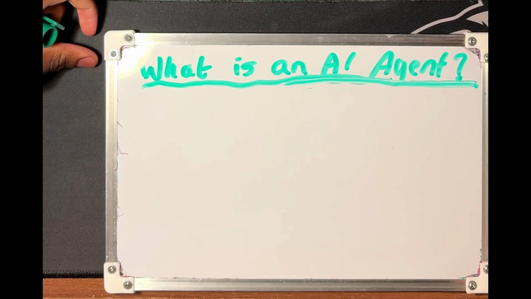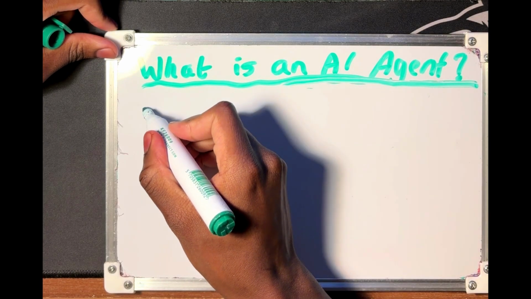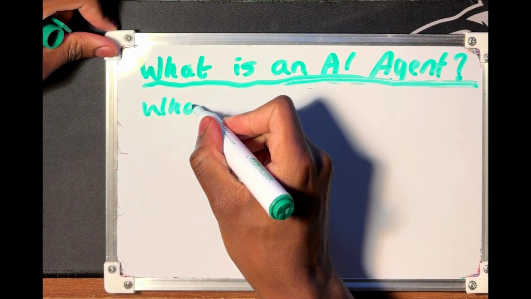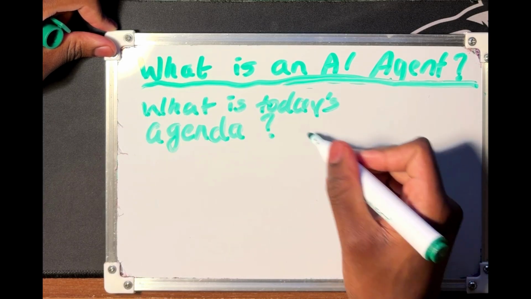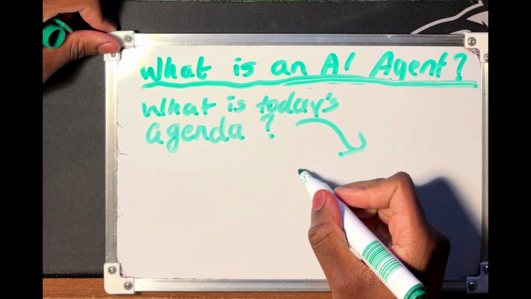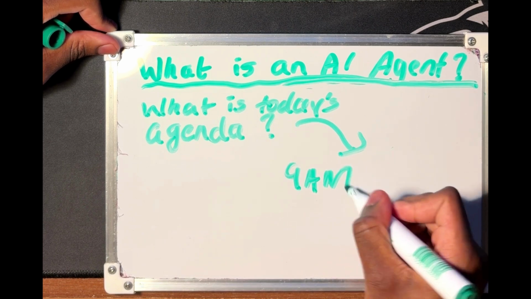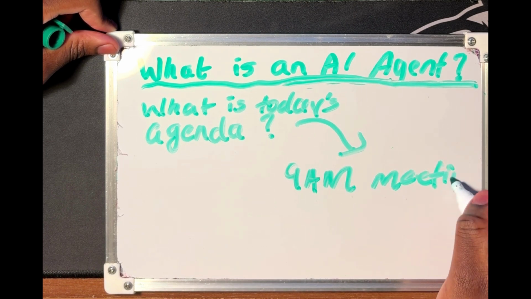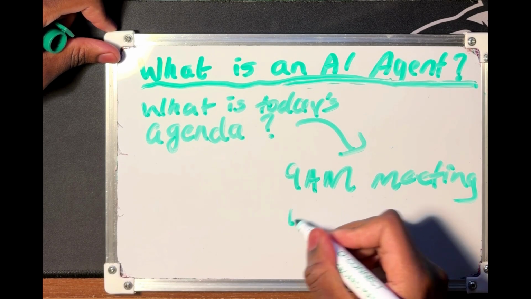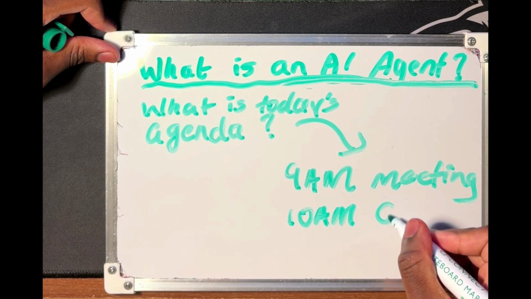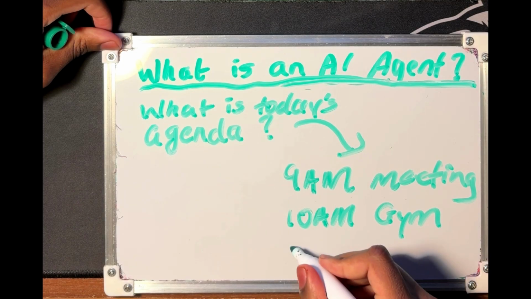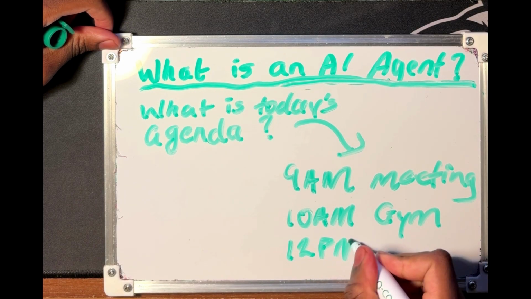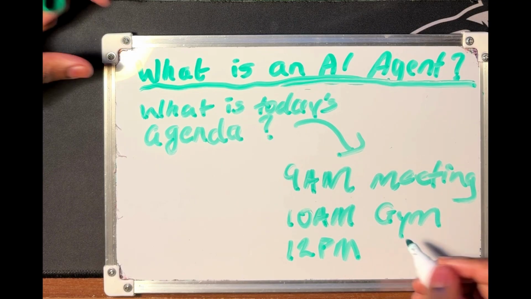So, an AI agent is different because anytime you ask the same question, what is today's agenda? The AI comes back with the answer. You've got a 9 a.m. meeting, and then 10 a.m. gym. I don't know who goes to the gym at 10 a.m., but fair. And then 12 p.m. you have, let's say you have another meeting.